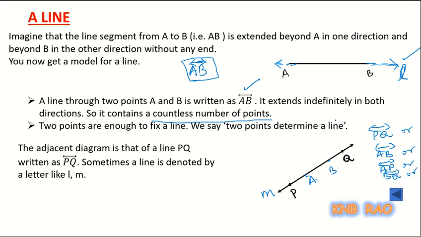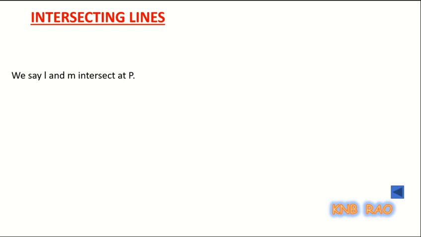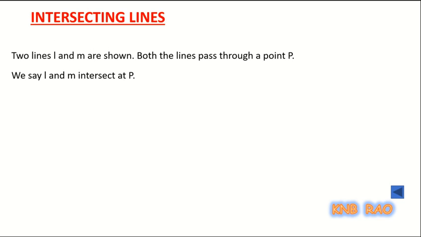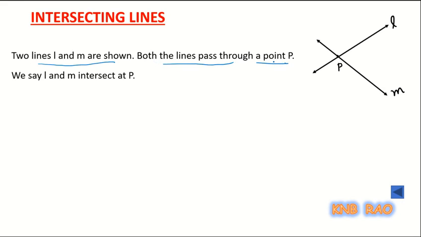Then coming to the next, 2 lines L and M are shown, both the lines pass through a point P. Here I have line L, line M, and they have a common point, that point is P. If you observe, 2 lines are shown, both the lines pass through a common point P. These lines are called intersecting lines.